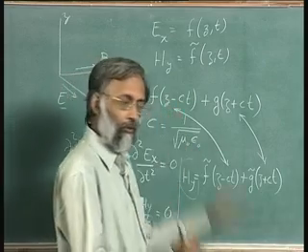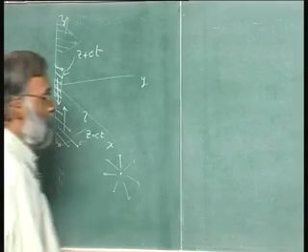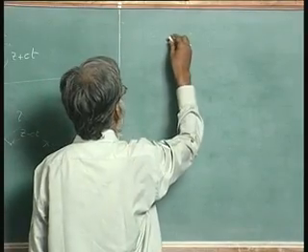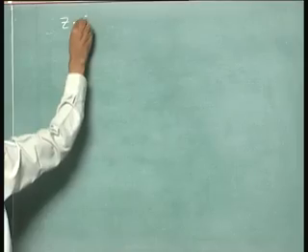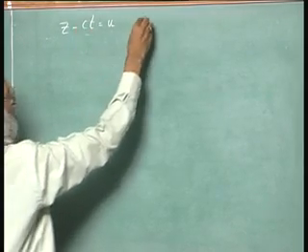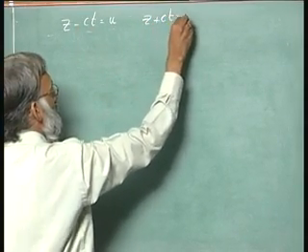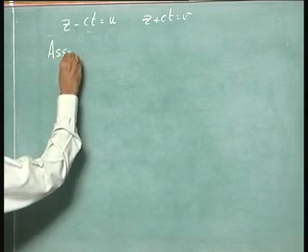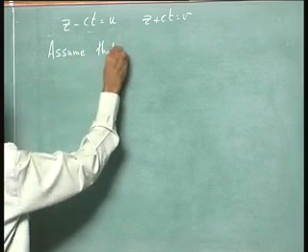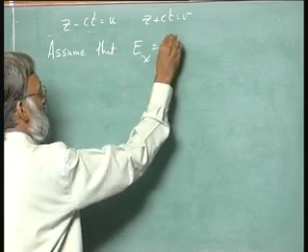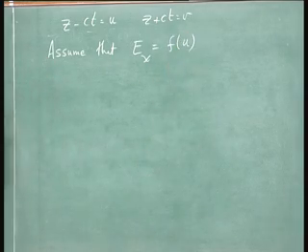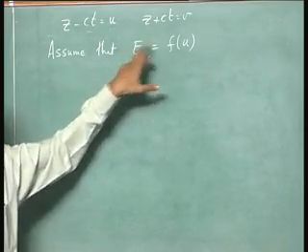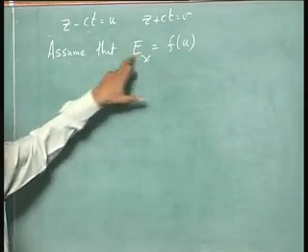Let us put all of this a little more solidly. So, what I am going to say is that let z minus C t be equal to u, z plus C t is equal to v, all right, and I am going to assume that E x is some function of u only, there is no v in it, and I am going to try and find out what is the kind of H that comes out of such an electric field.